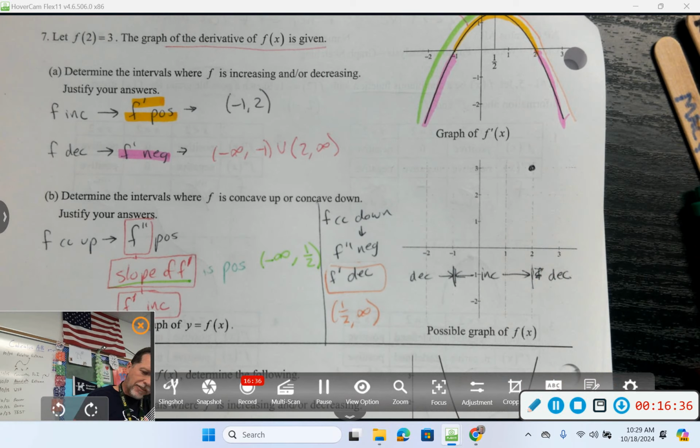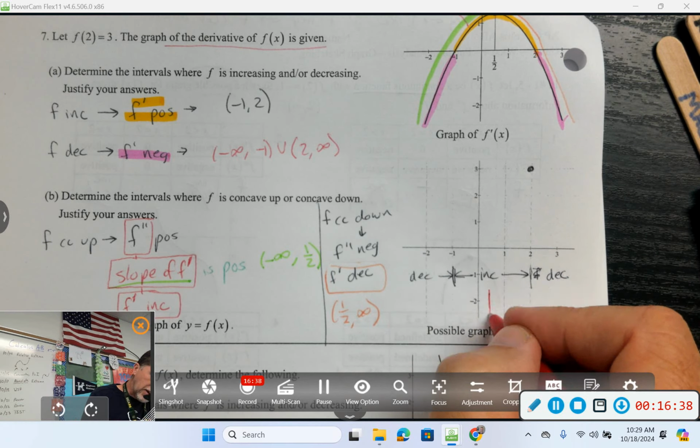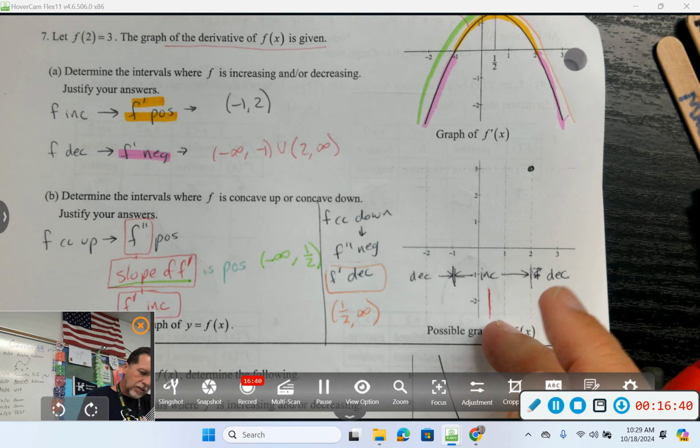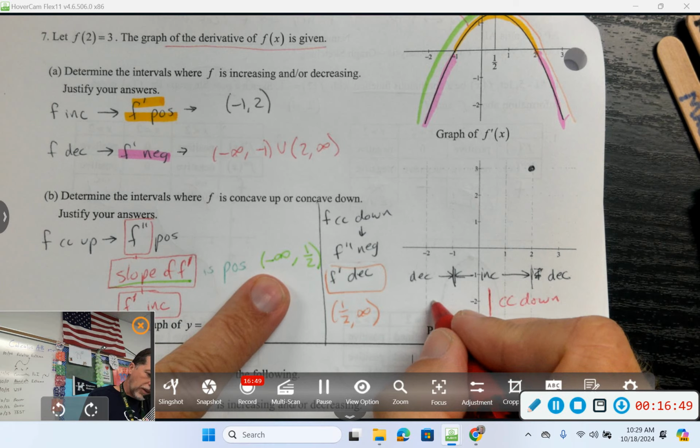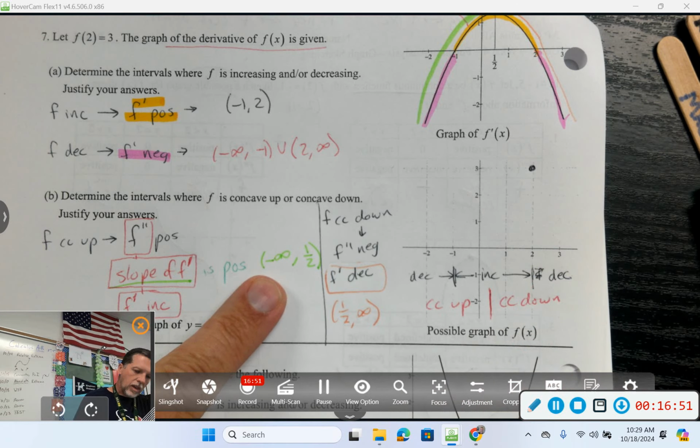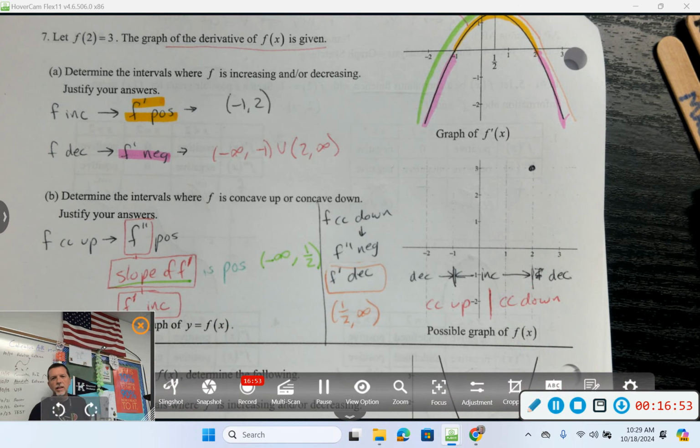And then at 1/2, there's a change of concavity. So bigger than 1/2, we are concave down. Less than 1/2, we're concave up. So it looks like there's, I would say, 4 different pieces to this graph.